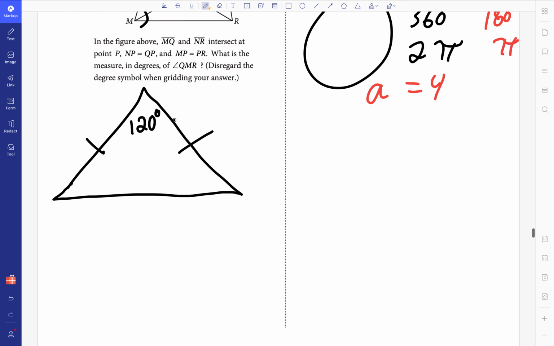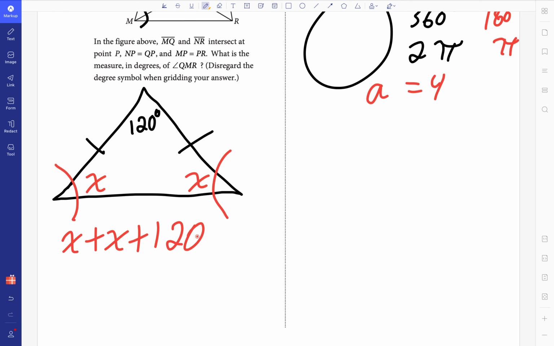Okay. Now over here, since this is an isosceles triangle, I know that this angle and this angle are the same. It's x and x. These two are the same angles via the rules of the isosceles triangle. Now, I also know that x plus x plus 120 equals 180 because the sum of the angles within a triangle is 180.